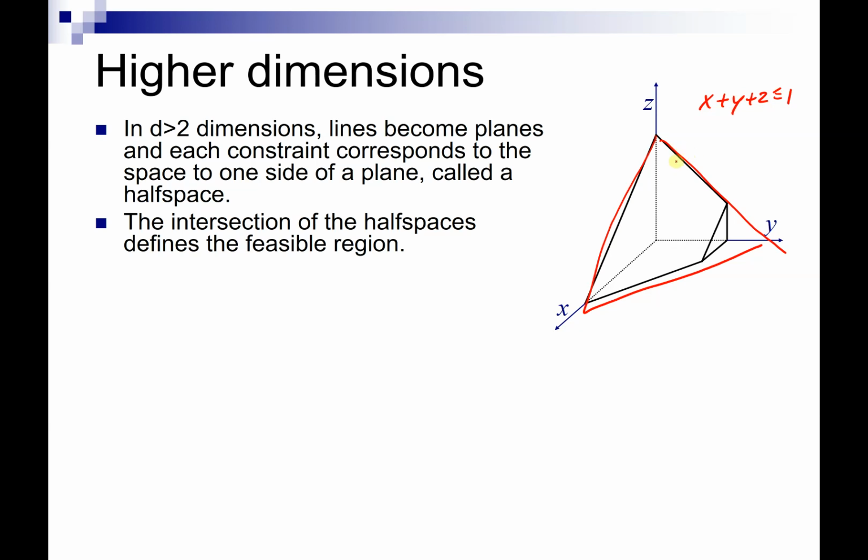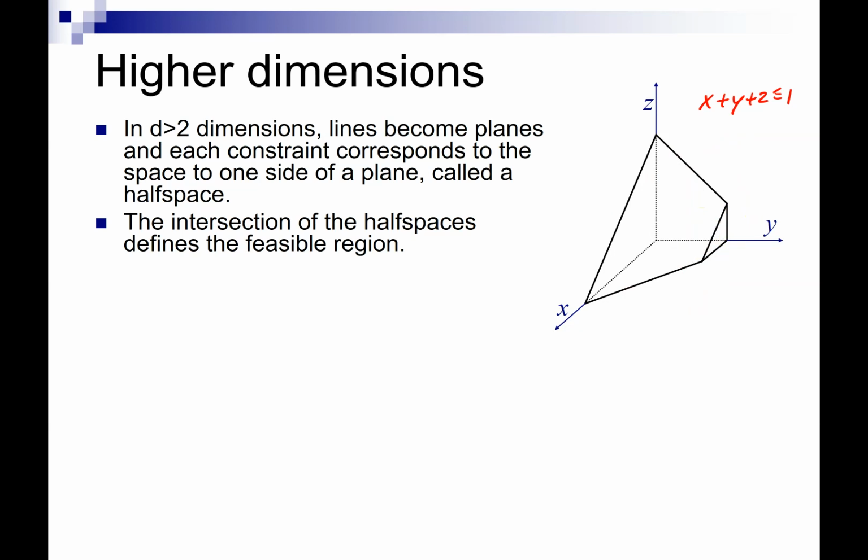So that's one of these constraints. And then the other constraint would be a plane over here, and this would be y is less than some value. So the intersection of these two constraints is going to give us this feasible region over here.